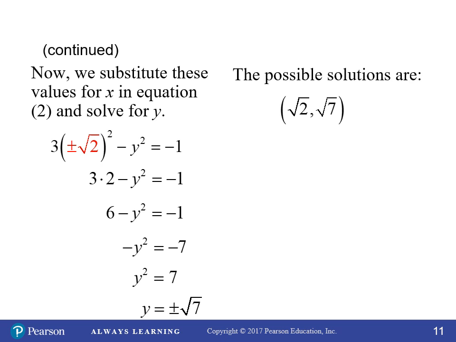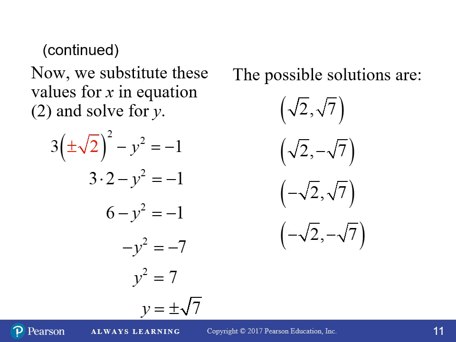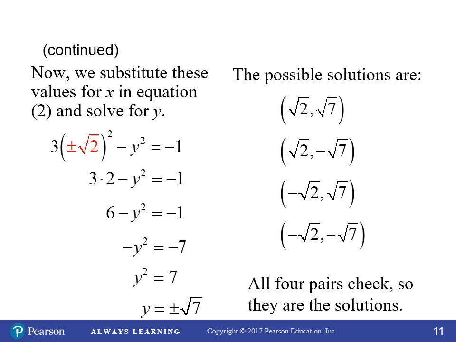Okay, so we get rad 2 and rad 7 is one possibility. Rad 2 and negative rad 7 is another possibility. Negative rad 2 and rad 7 is a possibility, or negative rad 2 and negative rad 7 is a possibility. You could go through and plug those all back into the equations. All four pairs check out, so they are solutions. You could also see this if you graphed both of those original equations.